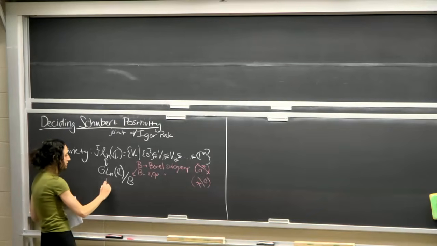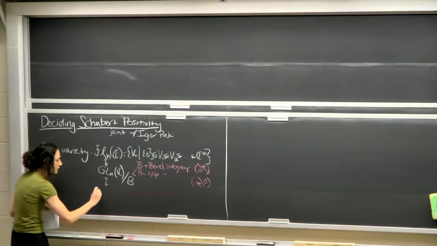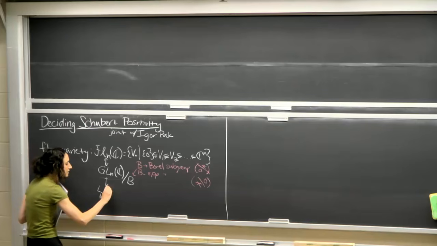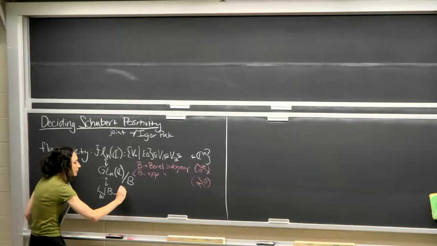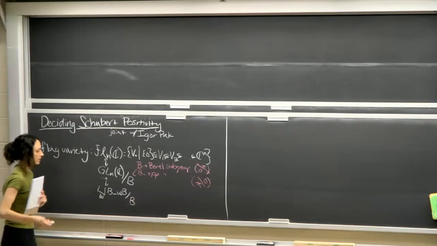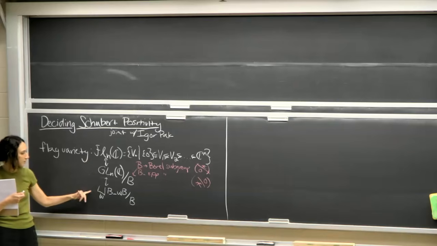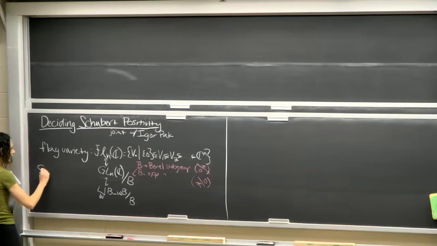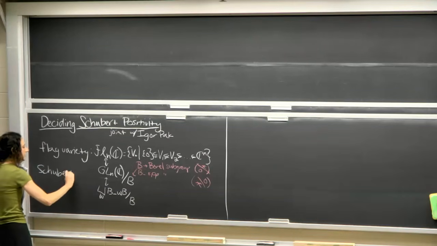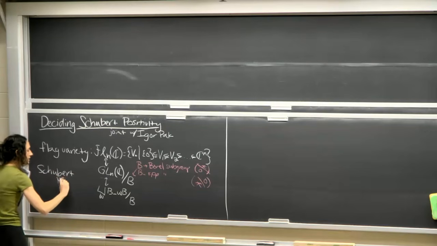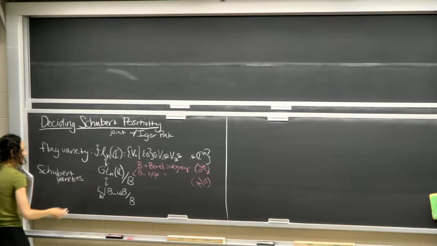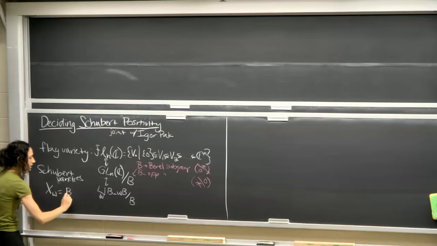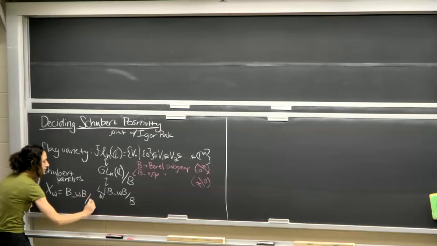Using the Bruhat decomposition of GL_n, we can write this as a union of these cells, where I can take orbits of these matrices. Okay, so we have this natural decomposition of the flag variety into these cells, which are called Schubert cells. And their Zariski closures are the Schubert varieties. Okay, so the Schubert varieties, which I'll notate X_w, is exactly just the closure of one of these cells.